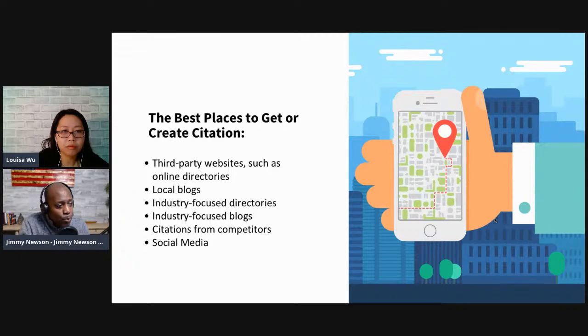You can get them from third-party websites, such as online directories. So say if you're a plumber and there are plumbing websites that list plumbers, list yourself. Local blogs, if you happen to be an architect, or any industry, all industries have some industry-focused directories. You need to find those directories, and you need to put yourself on them.